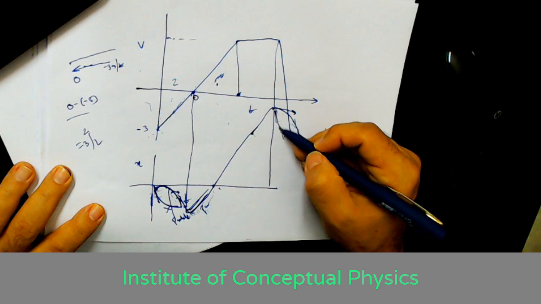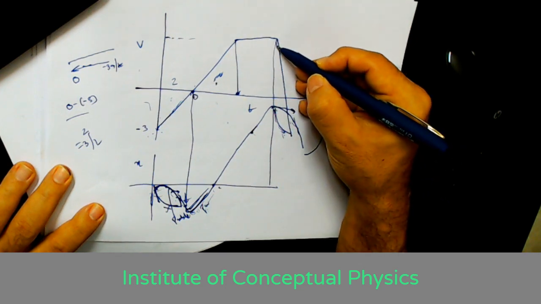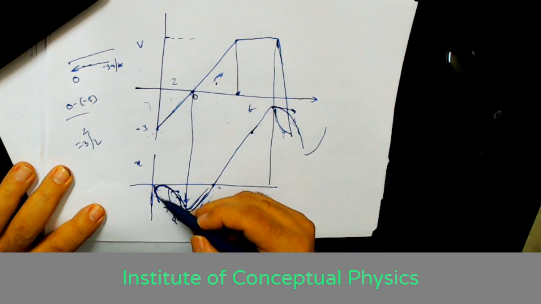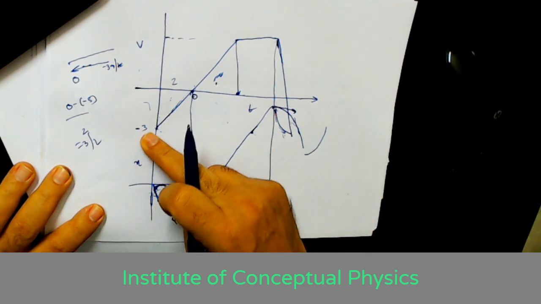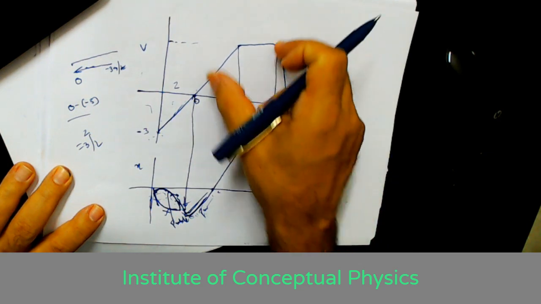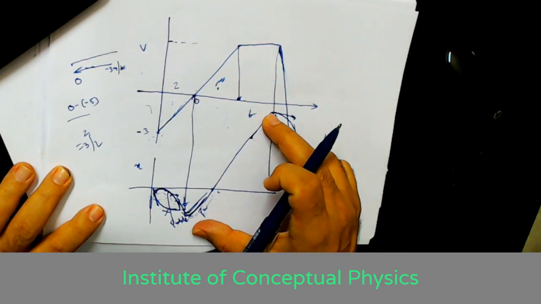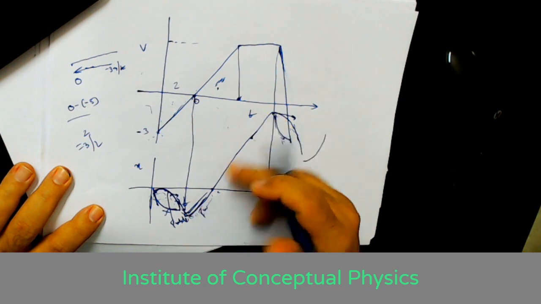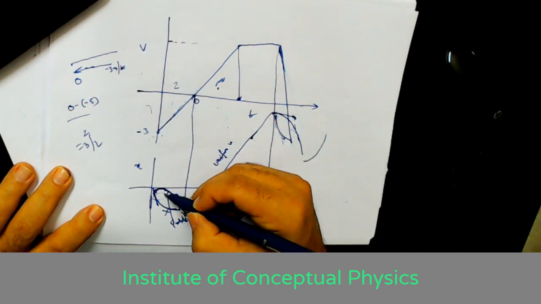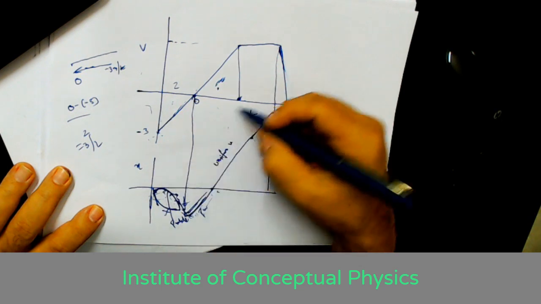So this is what is happening to the body, right? The slope is negative for VT. So essentially, you have uniform acceleration, uniform deceleration, and a small part which is a straight line in the XT, which represents uniform velocity. So this is your uniform velocity, this is your uniform acceleration, this is your uniform deceleration.